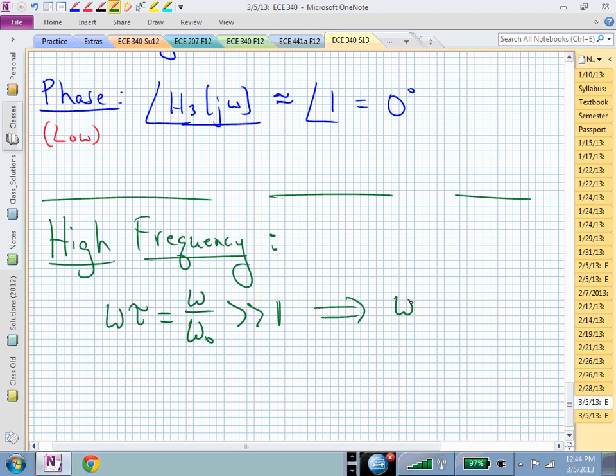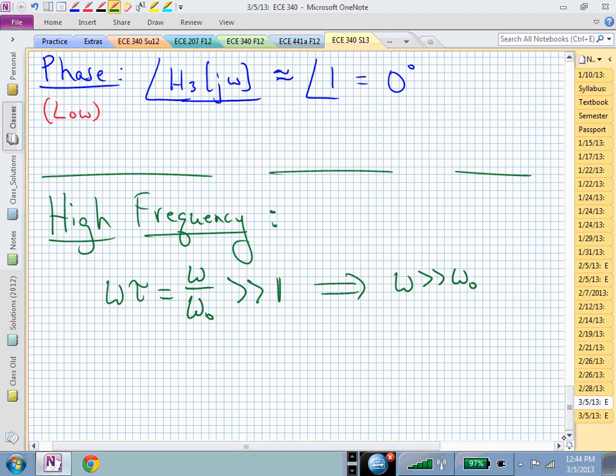Or this is saying that omega is much bigger than omega naught. Now we can look at our complex number for the linear factor, the way that we have now normalized it to be in time constant form. Now we need to look at this expression when the frequencies are much bigger than the break frequency. And we're going to say that that's when omega is a decade beyond.